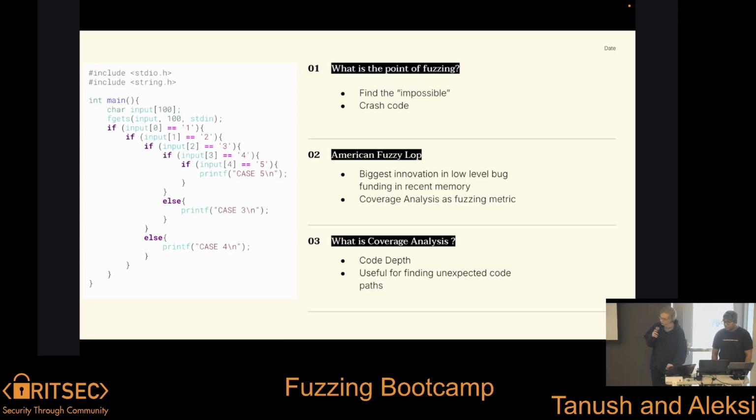That's never going to happen. What coverage analysis does is notice when the input starts with 1, in that first if statement. When it reaches that part of the code, it saves that input and then mutates off of it, because it reached a further code path.